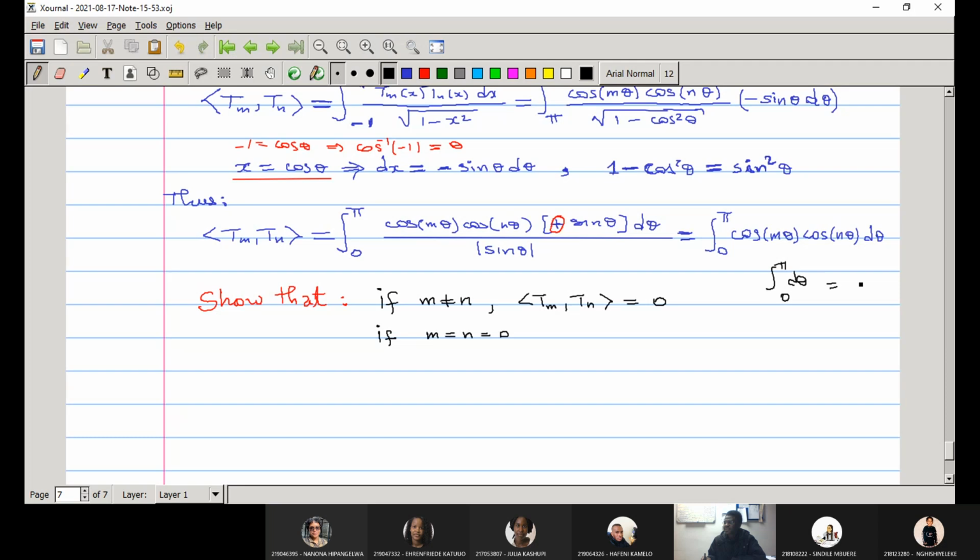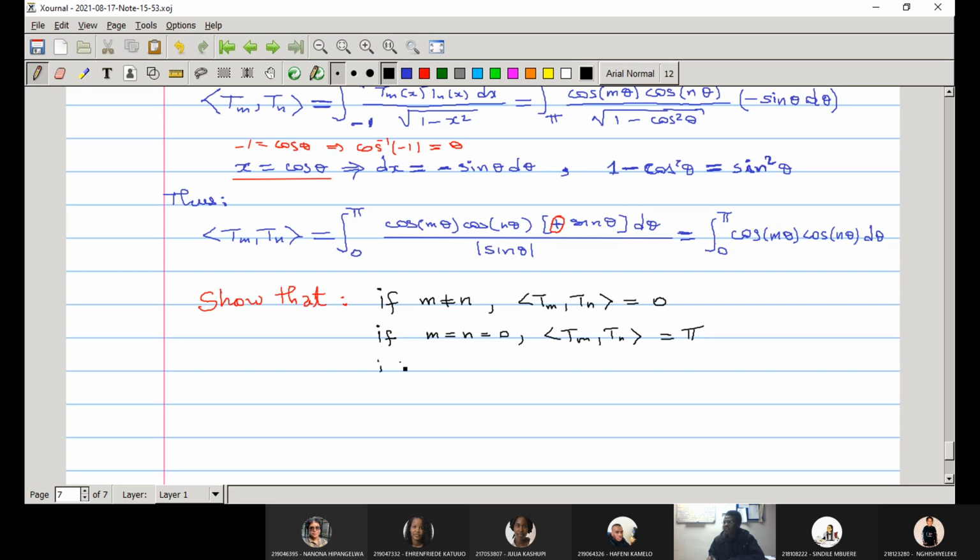So if you integrate this, you see that the result is pi. So if you do that, it will be equal to pi.